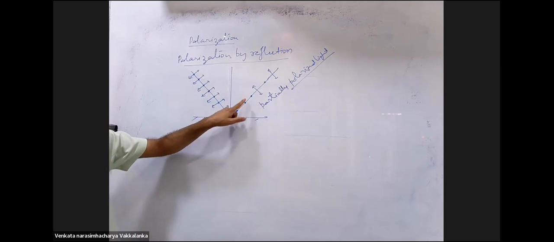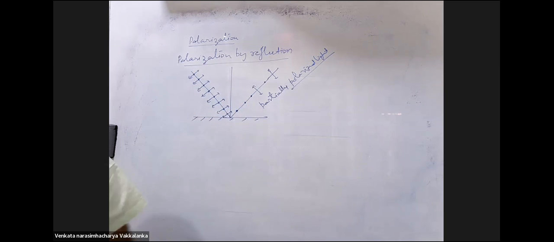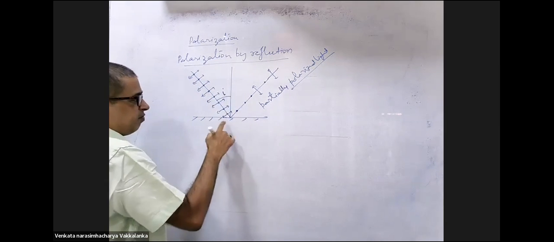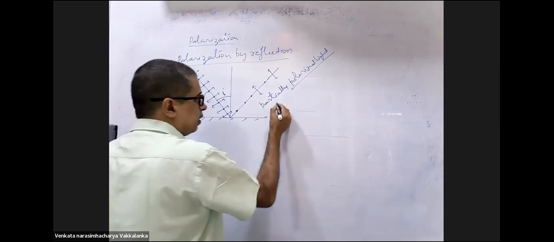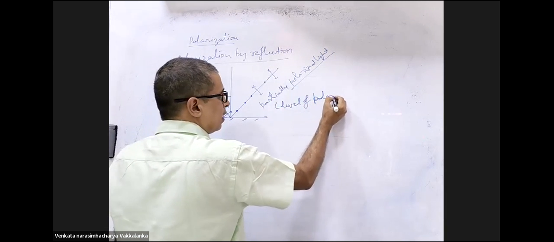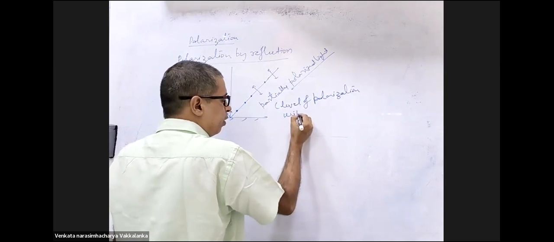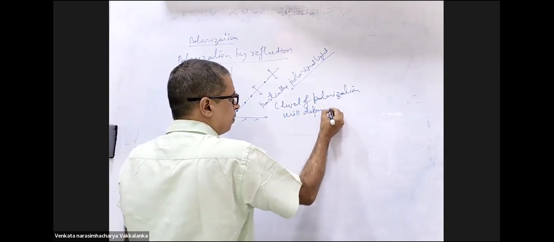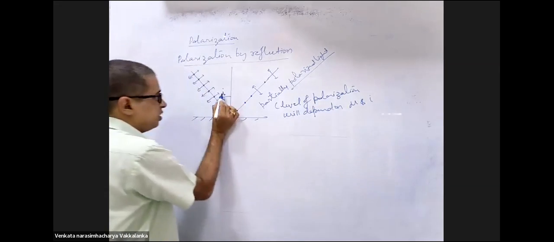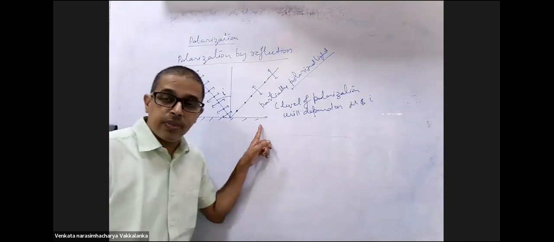Now, what extent of this is polarized will depend upon the angle of incidence. It depends on the angle of incidence and mu. The level of polarization will depend on mu and the angle of incidence, this angle of incidence and the refractive index of this material.